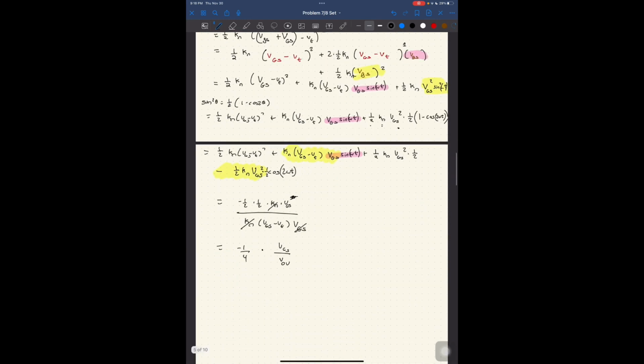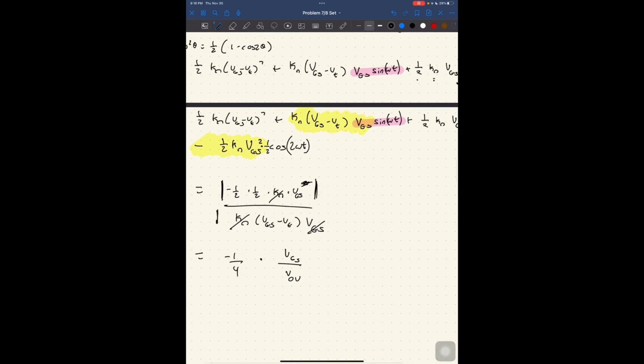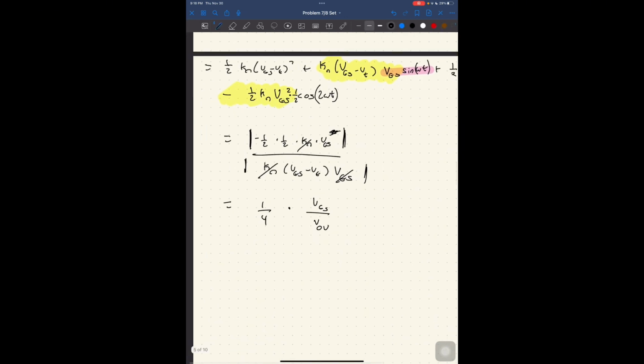But they asked us for the ratio, and so usually if I'm trying to find it as a percentage, I take the absolute value. Why I take the absolute value is just something that is done. It's just the ratio of the magnitudes, remember we said the magnitudes, which means that I don't really worry about this negative sign.